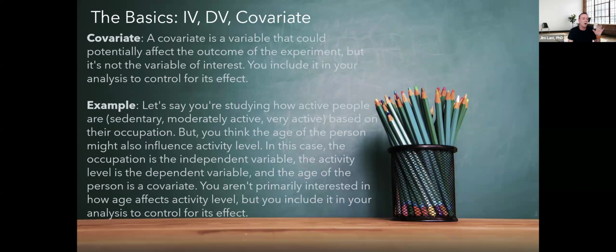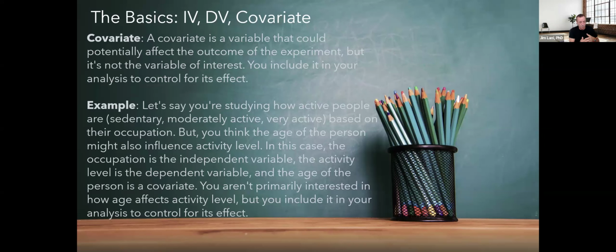Covariates, briefly, are things that you want to control for. So I want to see if there are differences in run times by males and females. Fine question. But you notice all of the men are older and all of the women are younger. So maybe the run time by gender is really more of an artifact of age, okay?